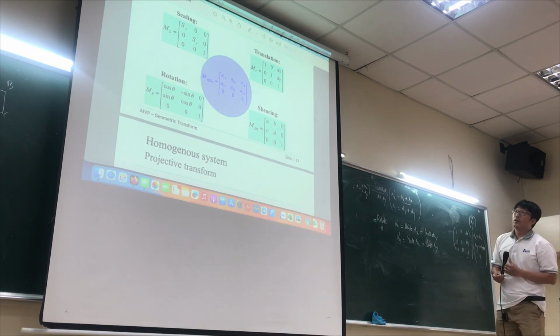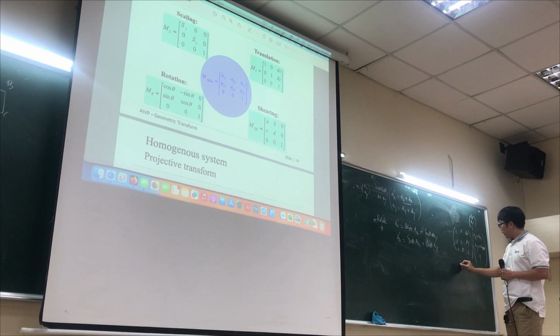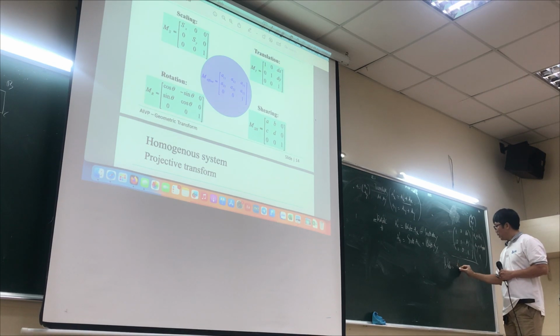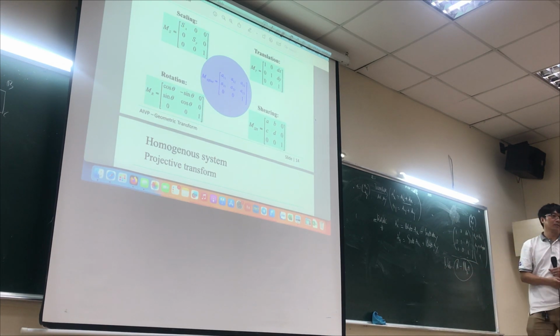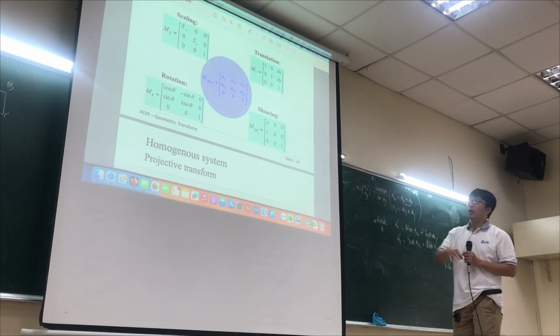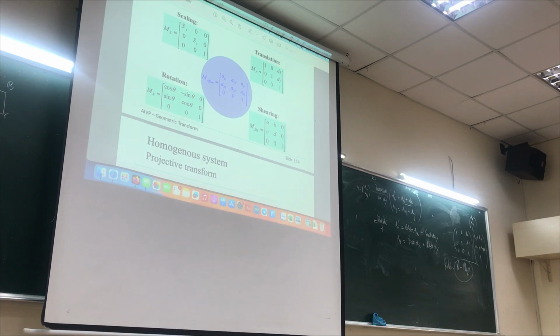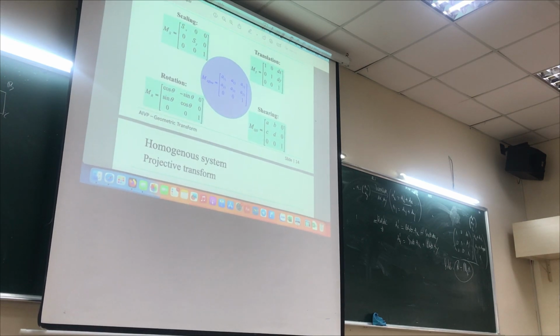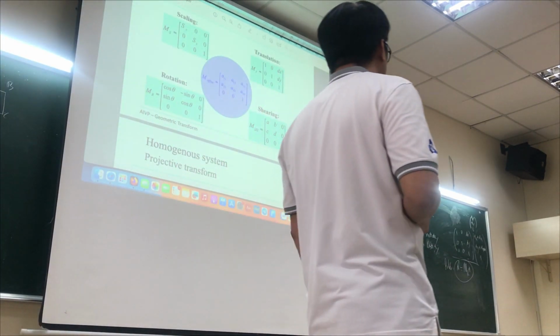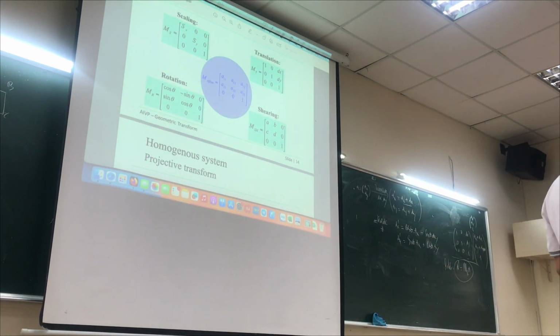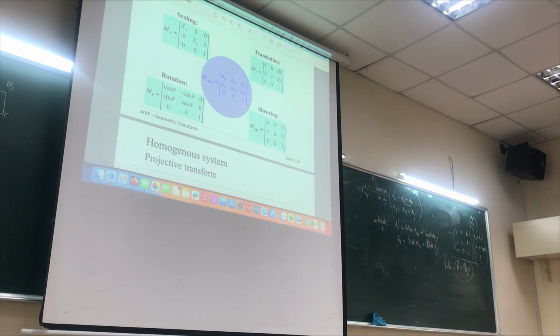And you can see it for rotation also: you have the result equal to MR multiplied with the vector. So that's all, even for all kinds of geometry. That is the application of homogeneous coordinates.